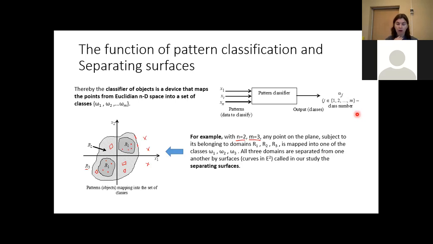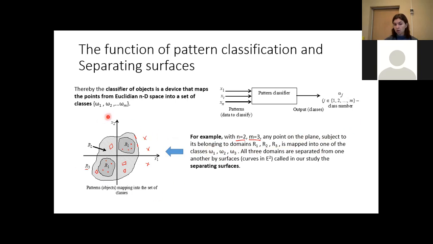Let's suppose we have an n-dimensional feature space and three classes. Any point of the plane belonging to domain R1, R2 or R3 is mapped into one of the classes, omega 1, omega 2, omega 3.